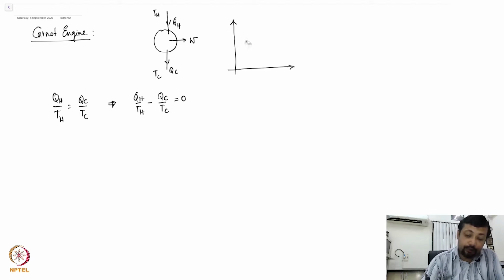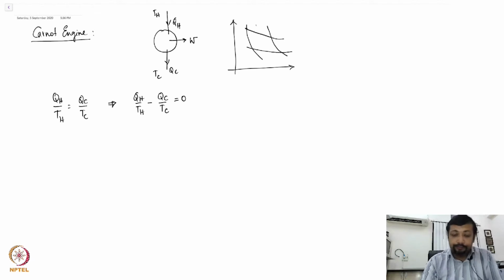So let's just do it properly. Heat was taken in this part, heat was taken in this part, and no heat transfer was allowed in the adiabatic processes, which were this.